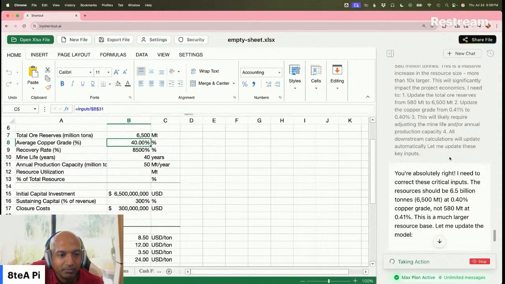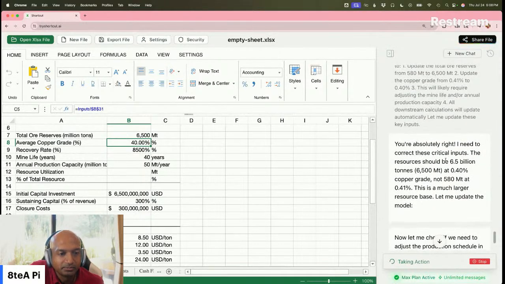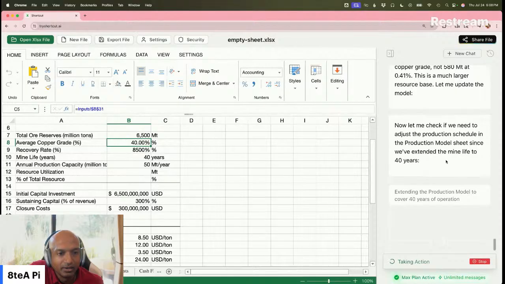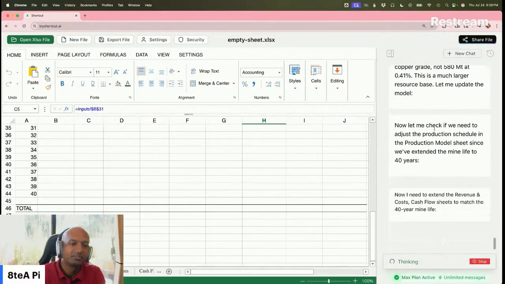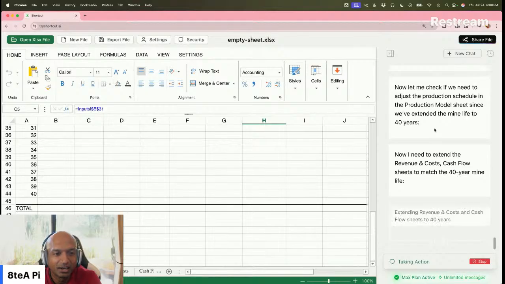I am confused right now. All right. So now it's decided, let me check to see whether we need to adjust the production schedule in the production model sheet since we've extended the mine life to 40 years. So it's doing a bunch of stuff now and it's compacting context again. All right. This is interesting. I don't know how they're feeding the numbers into the context window. How would I do it?